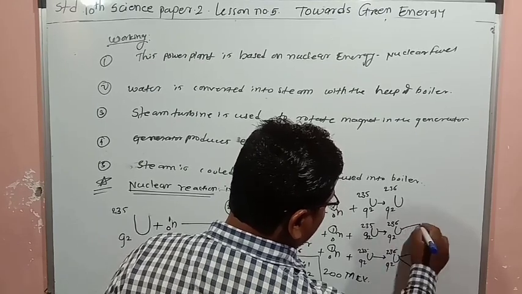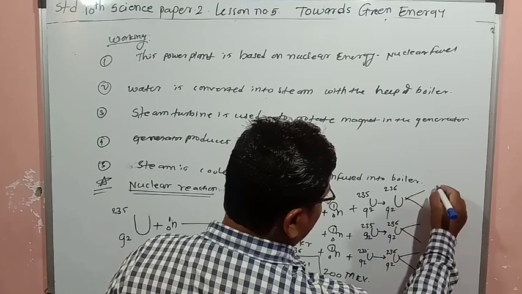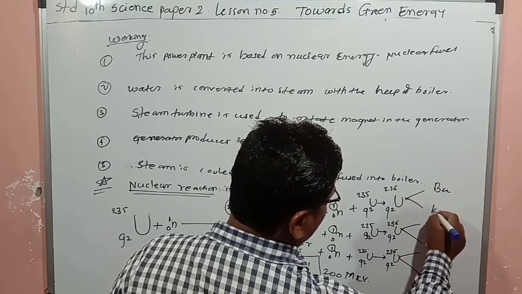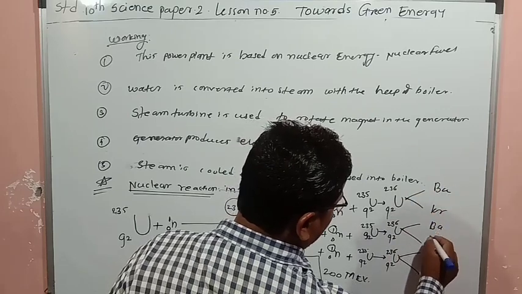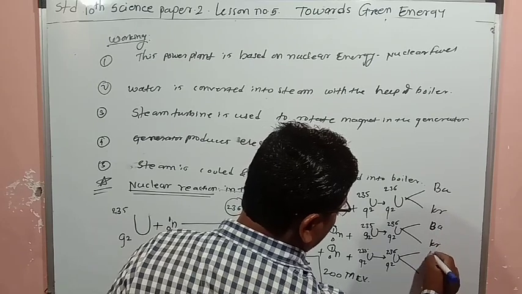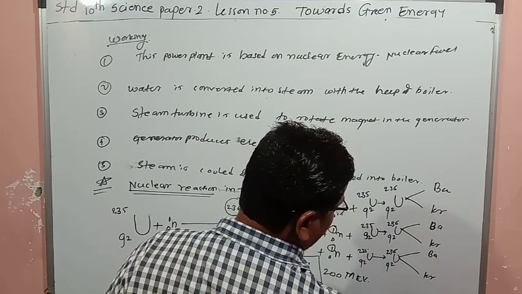Then again each one will split. Here is barium, here will be krypton, and like this.